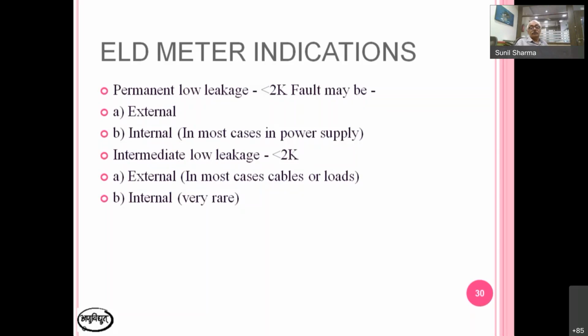Method number 3, which I prefer: take your insulation tester, 100 volt if you have one. If you do not have a 100 volt insulation tester, take this ELD and use it as an insulation tester in the 5th position.